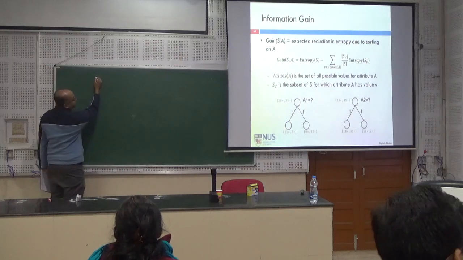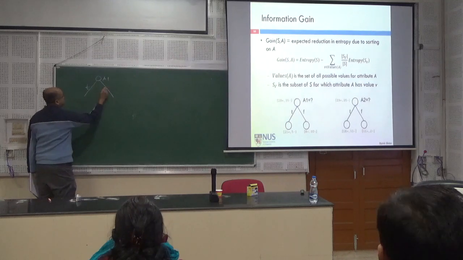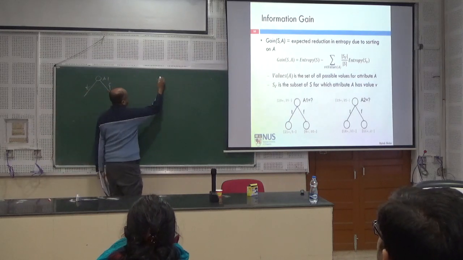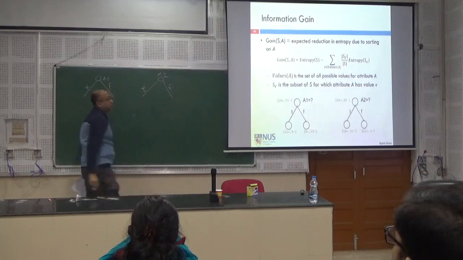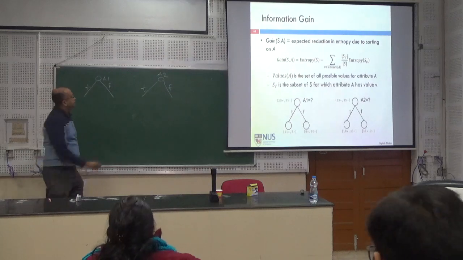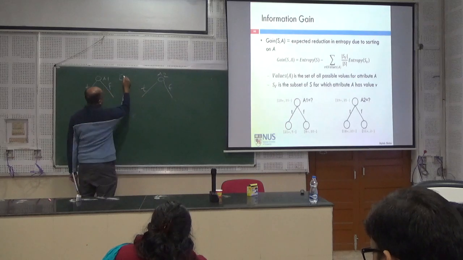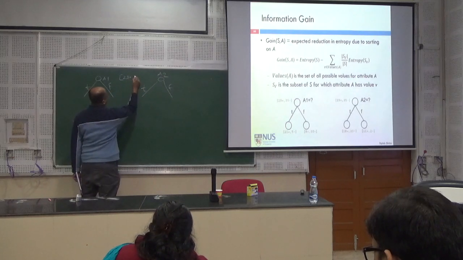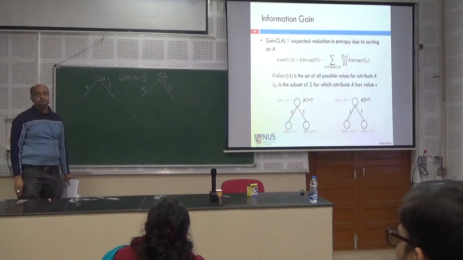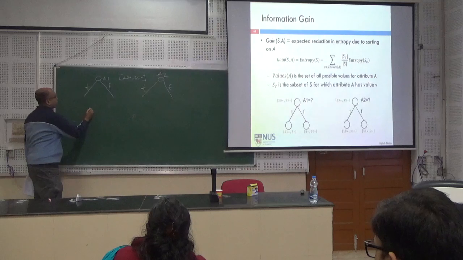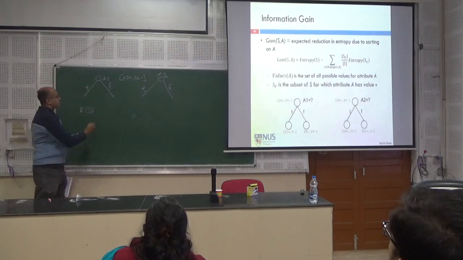So what do we have? A1, and this is true, this is false, and this is A2, this is true, this is false. And for both of these, we have 29 and 35 negative samples. So what is my entropy in the sample itself? It's E of S, right?